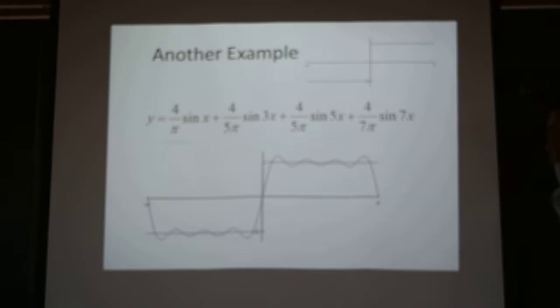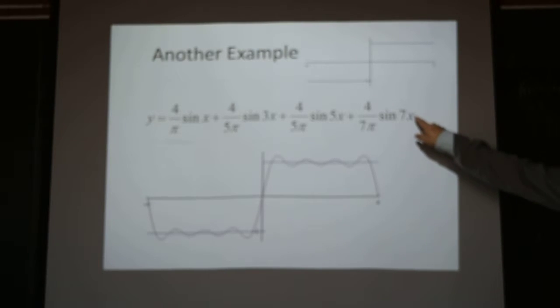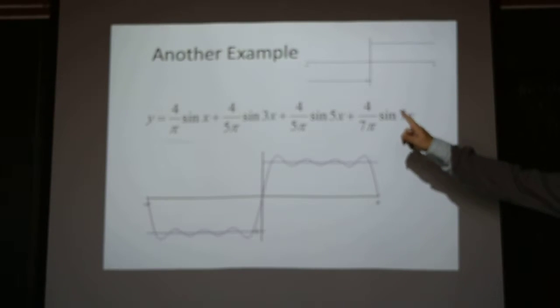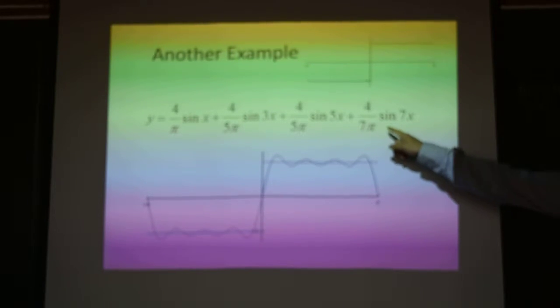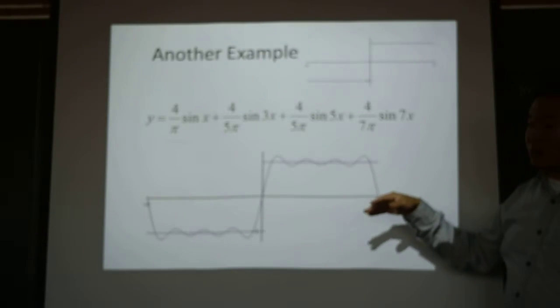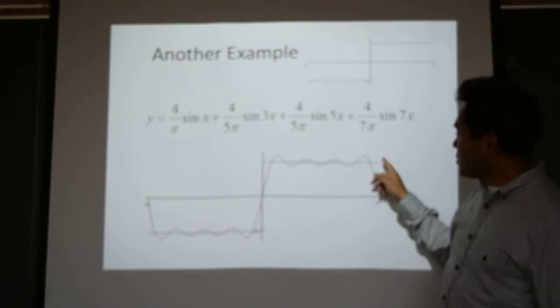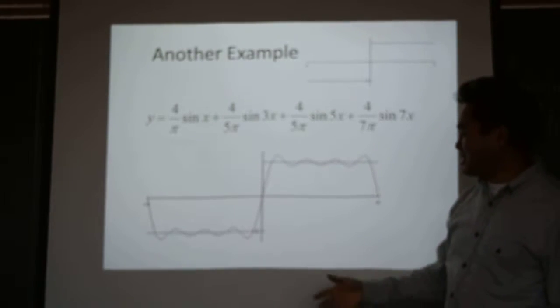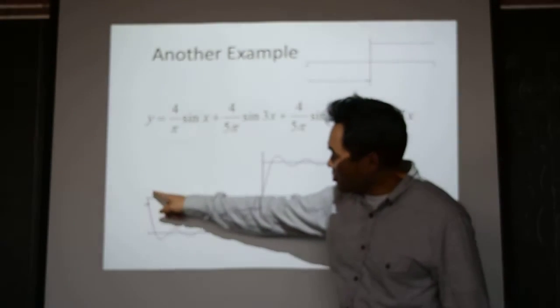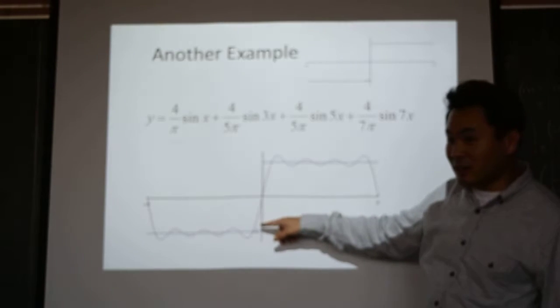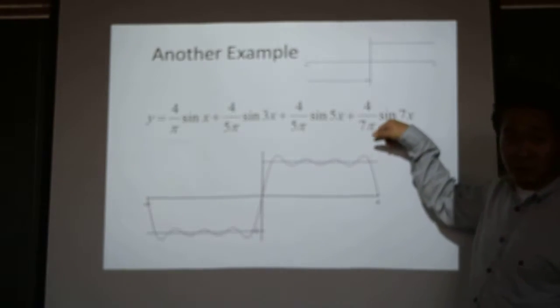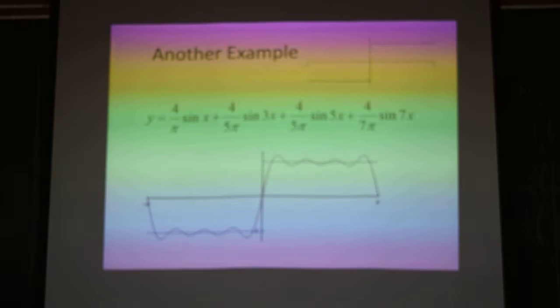Now, if you have these sums of sine x, sine 3x, sine 5x, sine 7x with some strange coefficients, and if you add them together, then you're going to get this graph, which, I mean, you might say it's not impressive at all, but it really tries to mimic this graph over here and then jumps over here and tries to mimic the other graph, right?